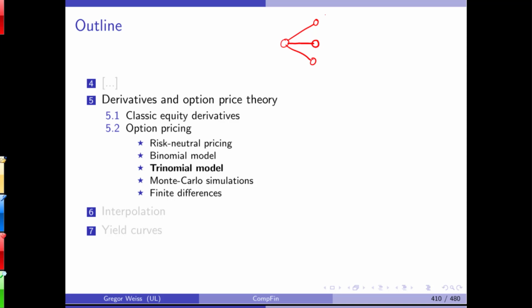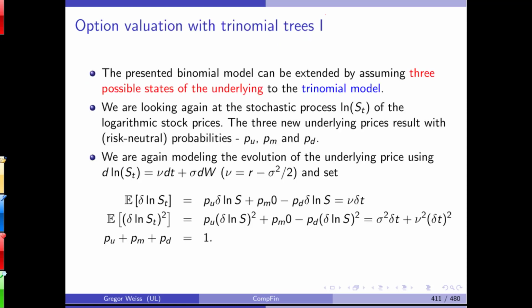The stock price simply stays the same. There's no change. So we have 3 potential outcomes, and that gives us a more complex, more flexible model, but the principle is still the same. So we're assuming 3 potential states of the underlying. We have PU, PM in the middle, and P down.